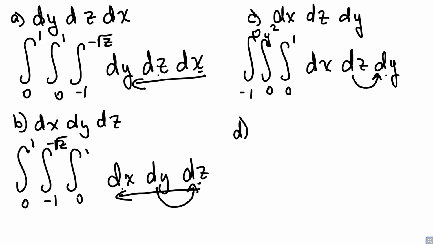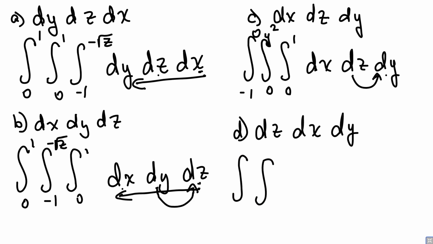All right, and let's look at the last one. This time we're going to do dz, dx, dy. So we have our triple integral, and we're going to do dz, dx, dy.